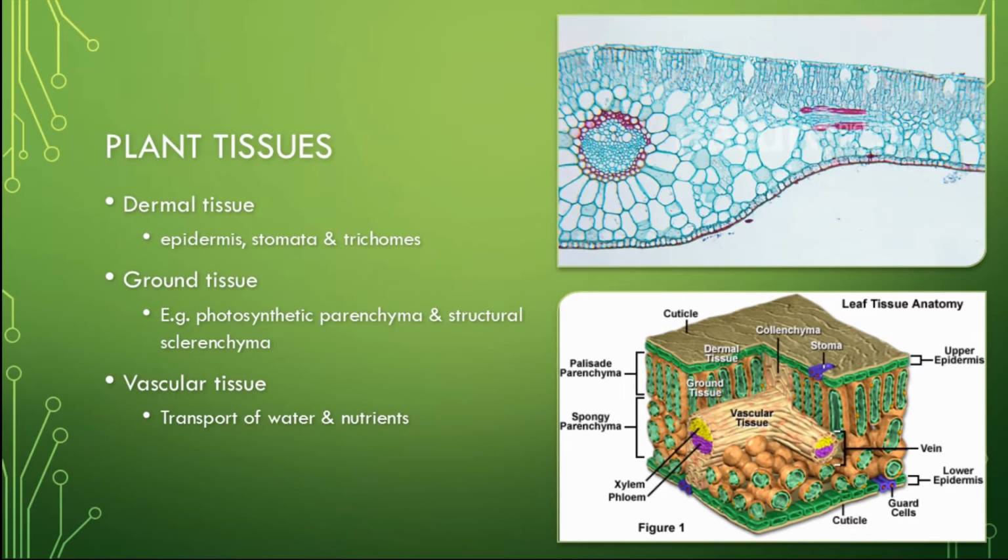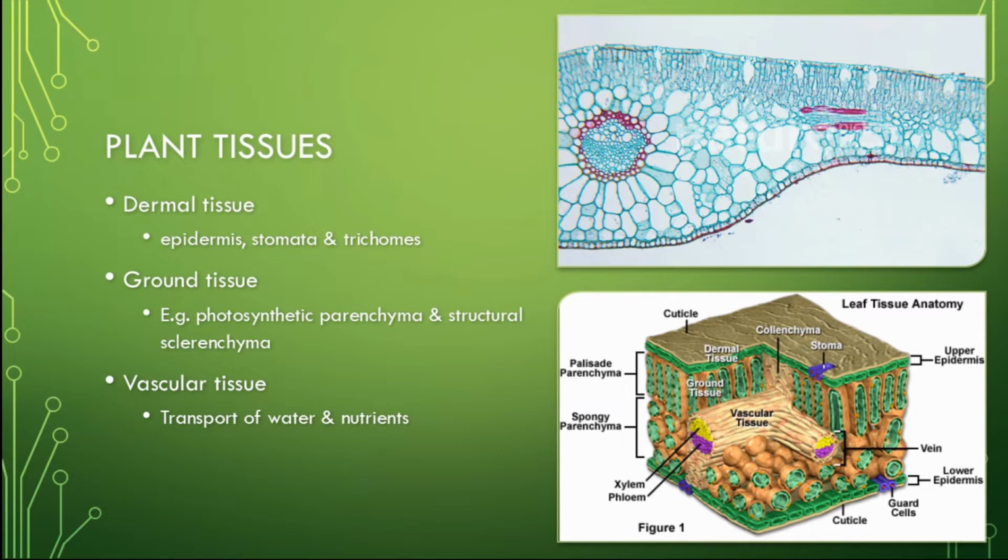There are three major tissue types in plants, all with their own functions important for the plant's growth, development, and survival. Firstly, dermal tissue forms a barrier to the environment and includes the outer layers referred to as the epidermis, stomata which control the flux of gases and vapors into and out of the plant, and surface hairs called trichomes.